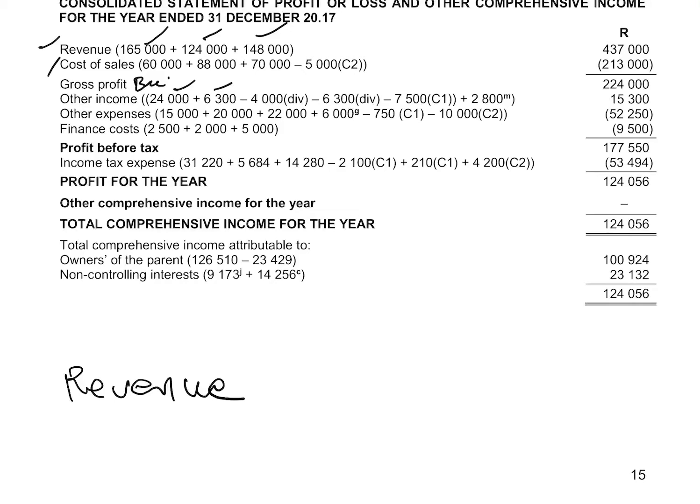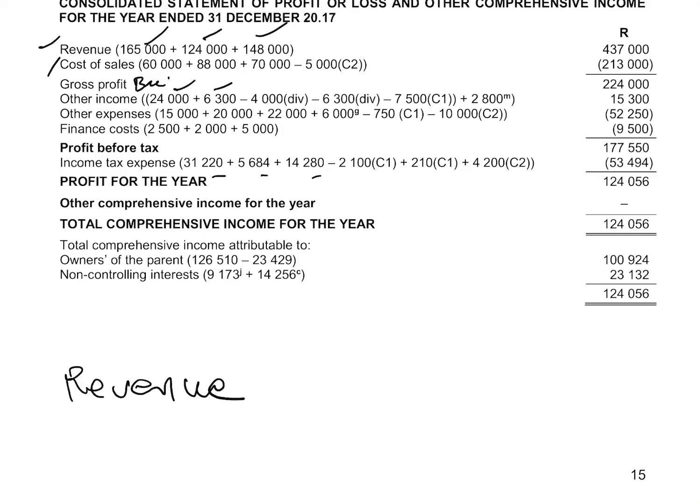You do the same: parent, subsidiary, and sub-subsidiary. Finance cost, parent, subsidiary, and sub-subsidiary. Profit before tax, you take for the parent, subsidiary, and the sub-subsidiary. So you are just adding. So life is good when it comes to the consolidation of subsidiary and the sub-subsidiary.